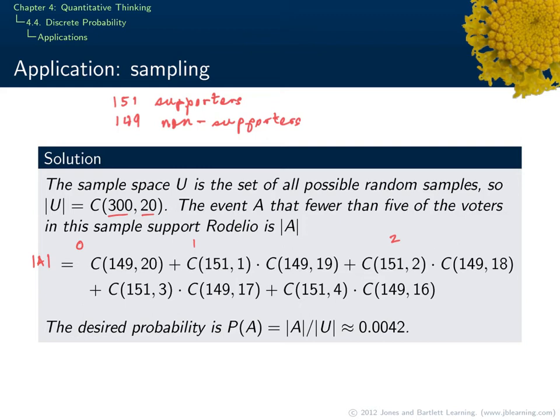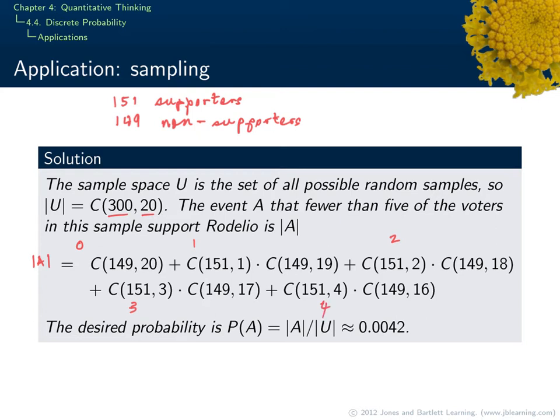There are 151 choose 2 ways to choose those 2 supporters, and 149 choose 18 to choose the other 18 non-supporters. And then so on and so forth. 151 choose 3 ways to choose 3 supporters, and 149 choose 17 ways to choose the remaining 17 non-supporters. And then finally here we have this product.